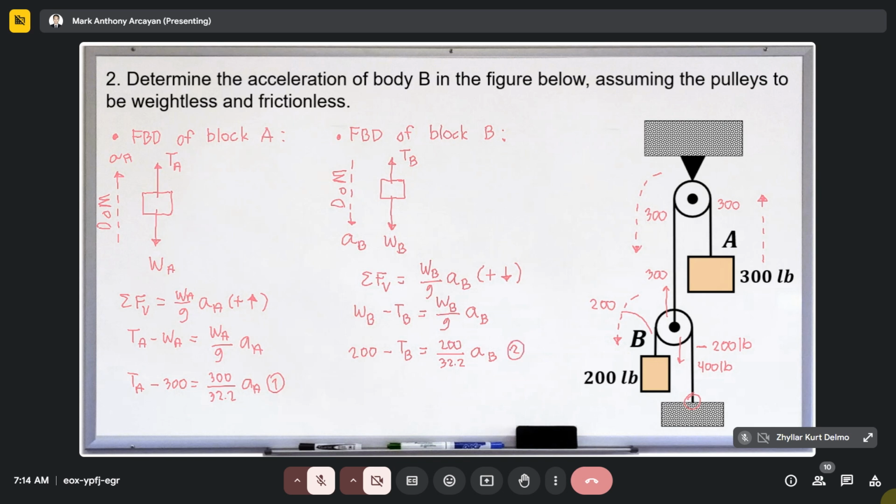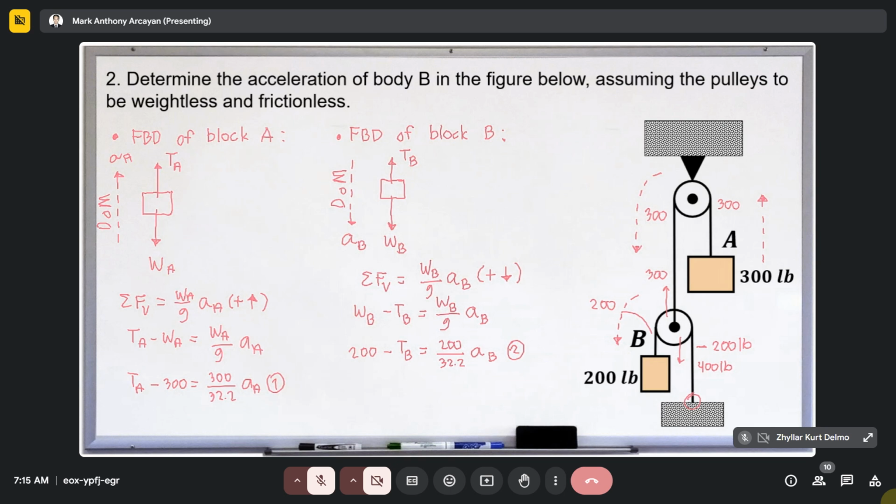By looking at these two equations, there are one, two, three, four. Okay, there are four unknowns, class. We have the tension at B and the tension at A as well as the accelerations.